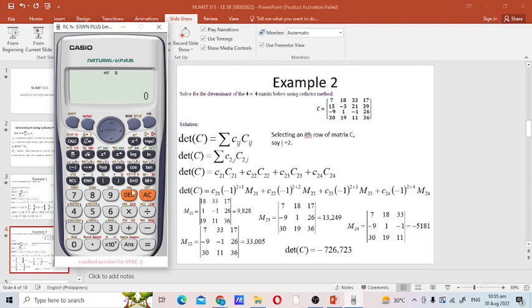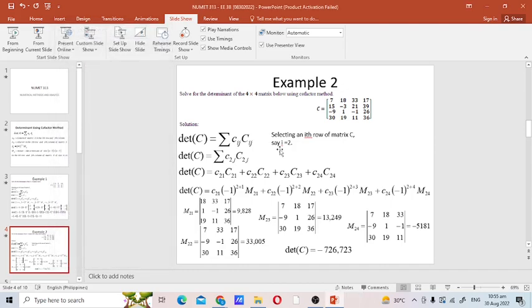Then press AC. Shift 4. Press 7 for the determinant. Then shift 4 again. Then 3. Then equals. So we get 33,005. And then just substitute the values.